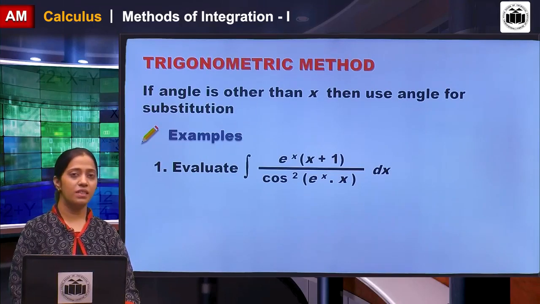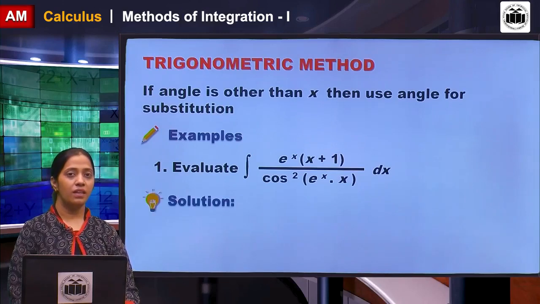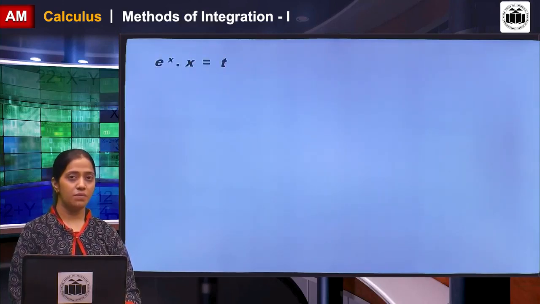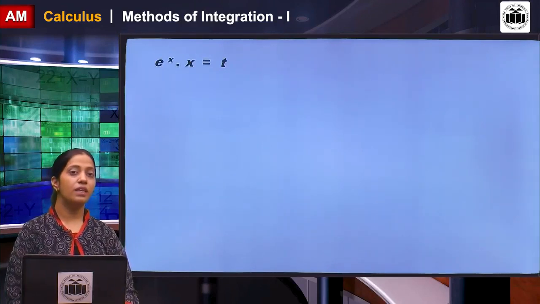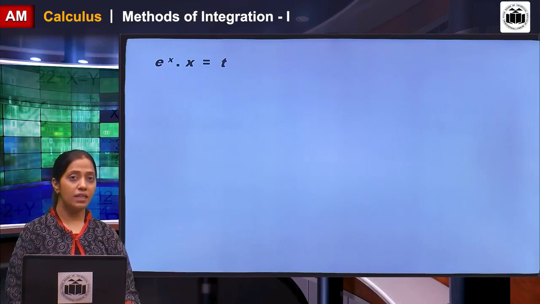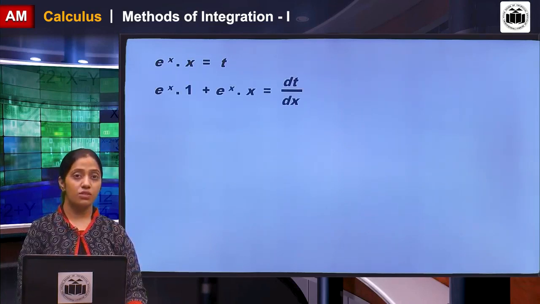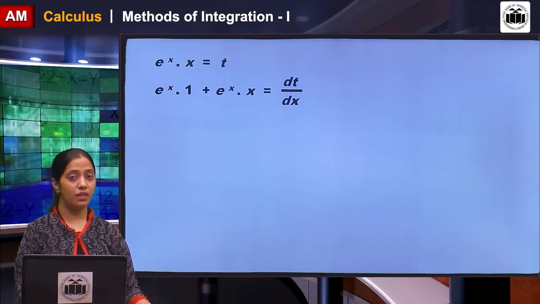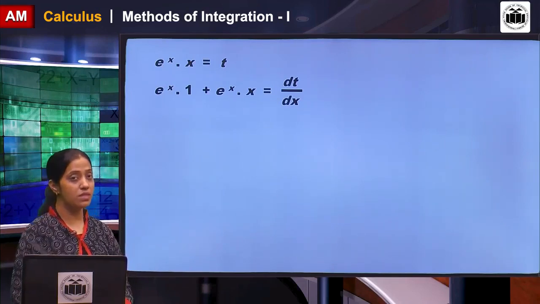So this is our given integration and we are taking the substitution. E raised to x into x is equal to t, because here the angle is e raised to x into x. So e raised to x is the first term, and the derivative of x is 1, plus e raised to x into the derivative of the second term into first term.